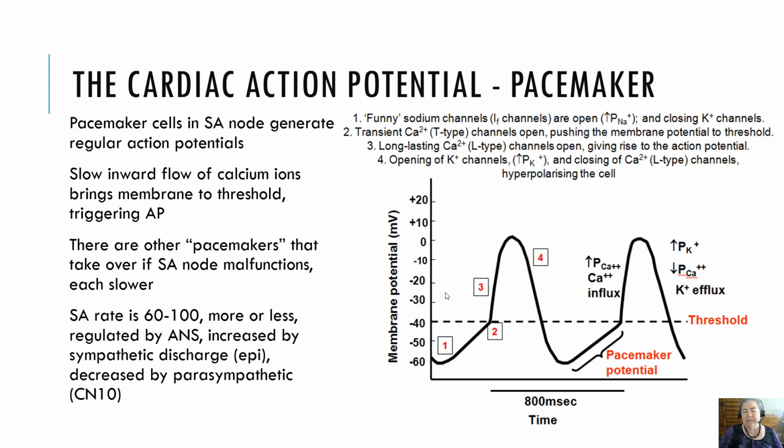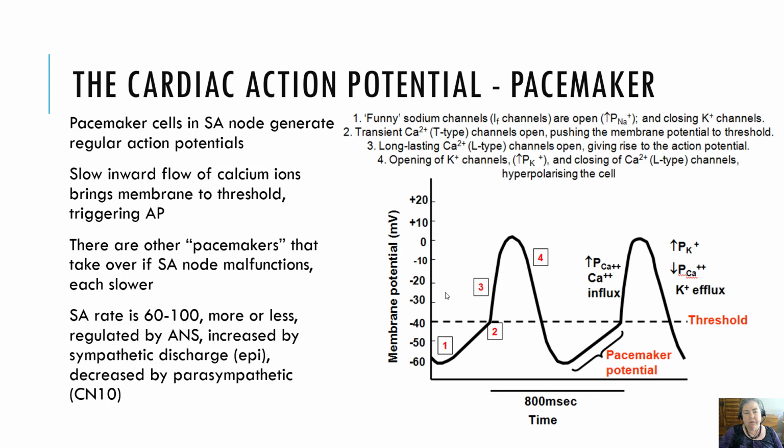If that gives out, you have cardiac myocytes in the His bundle that may take over. You can tell if you have an ectopic or abnormal pacemaker by forces on the electrical tracing that we call the electrocardiogram.